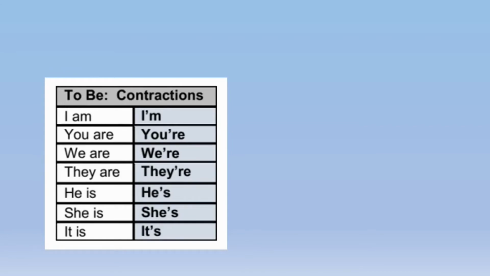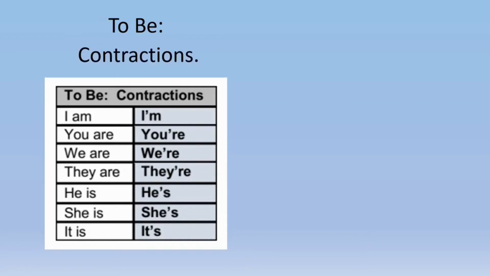When speaking in English, sometimes we contract words. Contract means to make smaller. So, for example, I am is contracted into the word I'm. You are is contracted into the word you're.